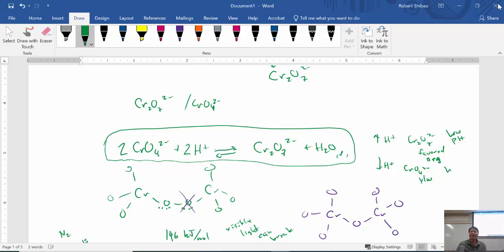And so at high pH, chromate is favored. So it's just changing the acidity of the solution. By changing the acidity of the solution, you interconvert. Both of these are chromium-6. But in redox, I don't care if it's chromate or dichromate. It's chromium-6 that's important. It's the oxidation state that's important. And so both of these are going to behave the same in terms of redox because they're both chromium-6.